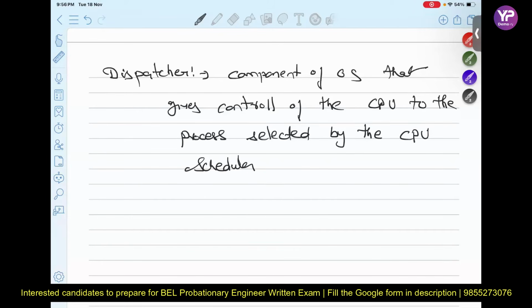CPU scheduler means dispatcher. Even we have different terminology also for the scheduler, that we have mainly three types of scheduler, but the dispatcher means like dispatch a particular process from the running state to the ready state.